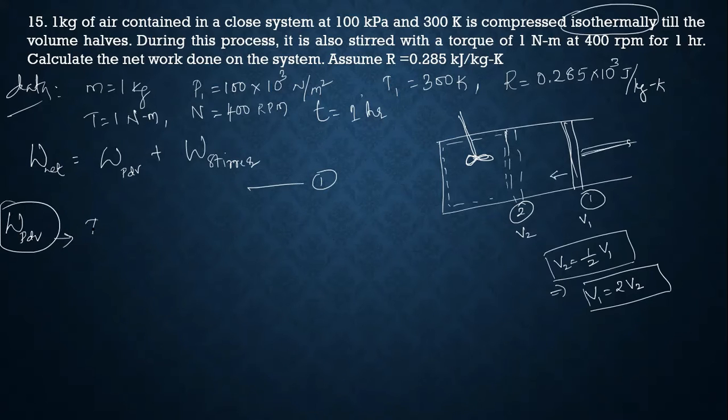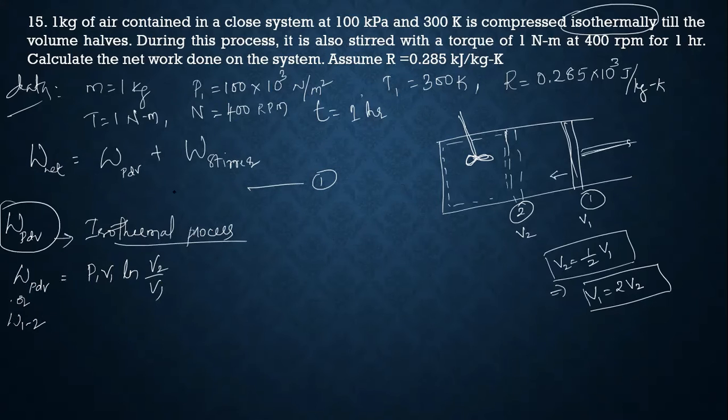Now, integral PdV work: the process is isothermal process. For isothermal process, work done during the change of state, that is integral PdV, is P1 V1 ln V2 by V1, or else you can write W1-2.